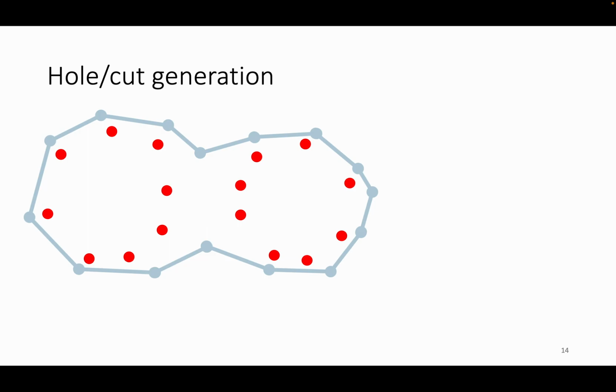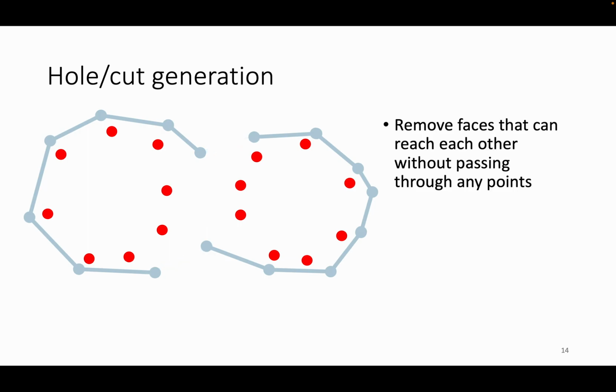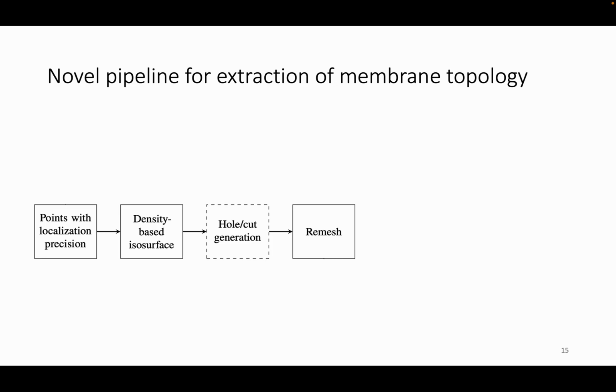So for example, if we imagine this as a cutaway of two tubules running alongside each other into and out of the page, then we can see that we accidentally papered over the region in between the two tubules, but we can fix this by simply removing faces that can reach each other without passing through any points, and then patching the resulting holes. Once we've done that, we can remesh the surface to make sure that all the triangles on the surface are roughly equilateral, which is good for numerical stability for further operations.